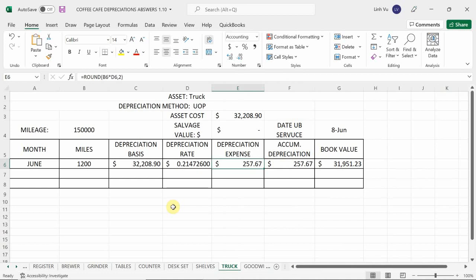However, when you do get rid of your asset, if you remember in chapter 11.5, that's where you also have to get rid of your accumulated depreciation. What is the book value of the asset? Did you gain money or did you lose money when you sold your items? You don't recognize any gain or any loss until you dispose of the asset.